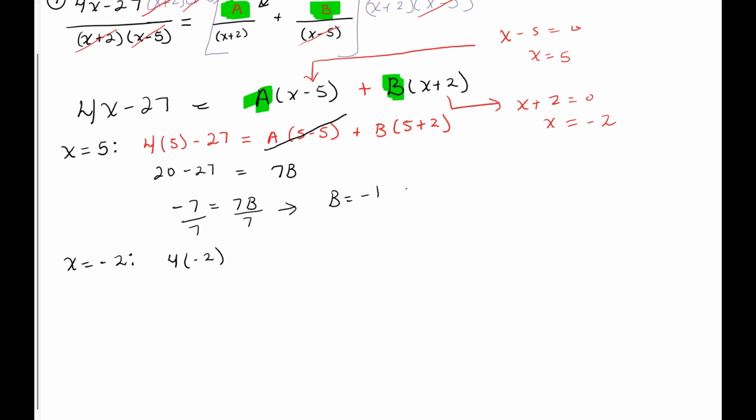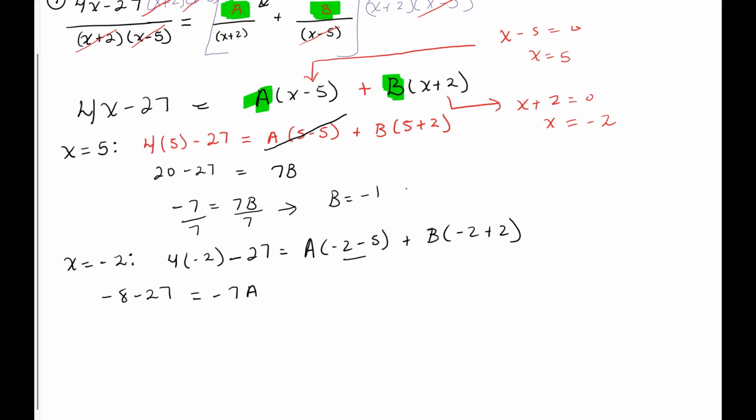Negative 2: 4 times negative 2 minus 27 equals a times negative 2 minus 5 plus b times negative 2 plus 2. What happens? First thing we notice is that we have negative 8 minus 27 equals, and then this right here works out to be negative 7a.